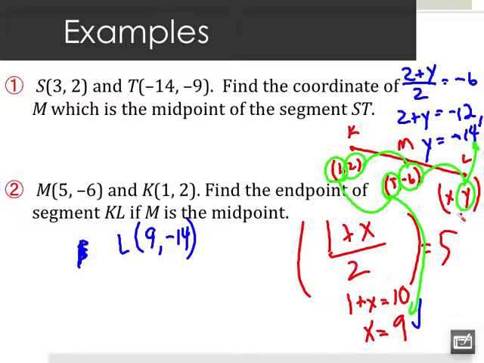Which it did. Will that always work? If it's the midpoint, yeah. Do you agree? Let's test it, shall we? What did we have for an answer for number 1? We had negative 5.5 and negative 3.5. Okay, so Daniel, if what you're saying is correct, to go from 3 to 5.5 is a change of how much?